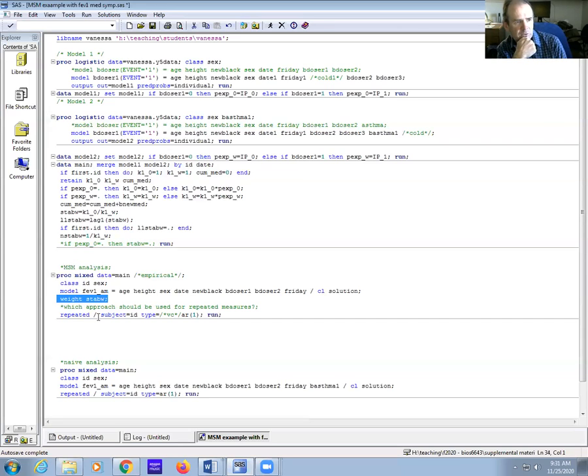In terms of the code that it requires to do this, it's not that complicated. We just have some initial logistic regressions. We create weights, and then we put that into the weight statement in our longitudinal model.